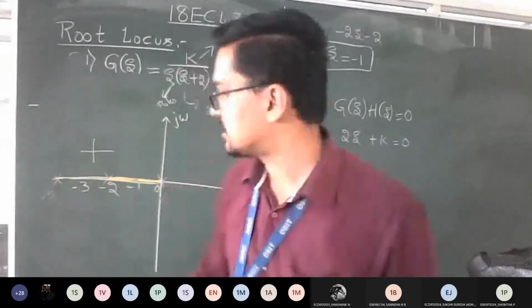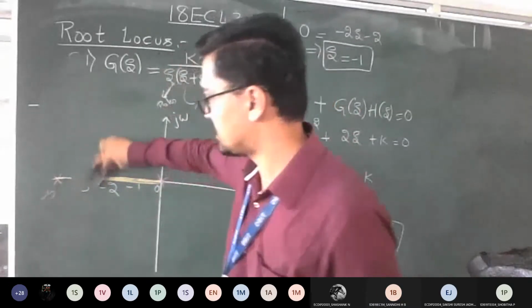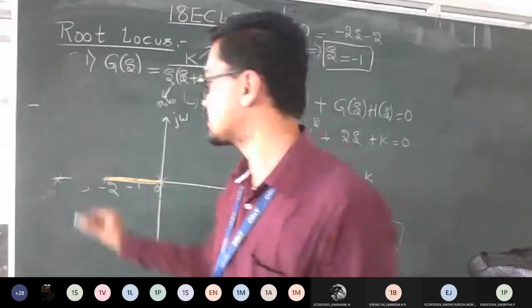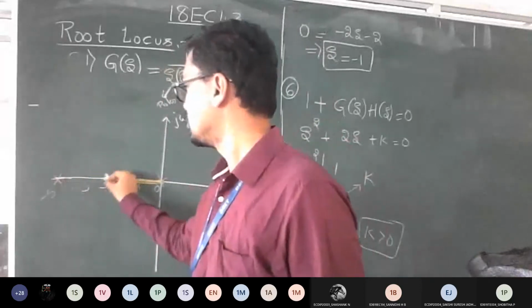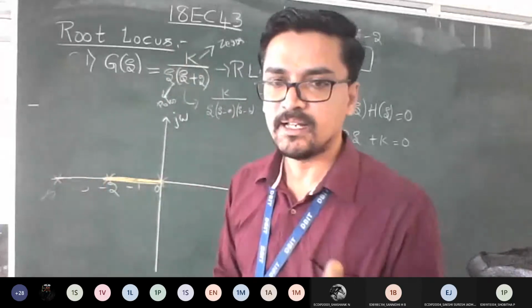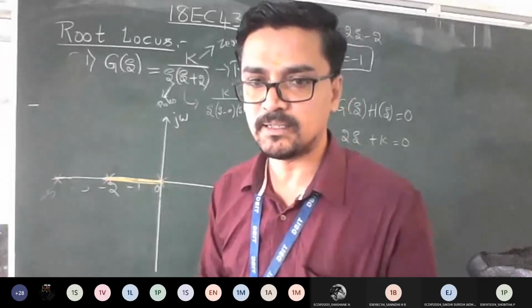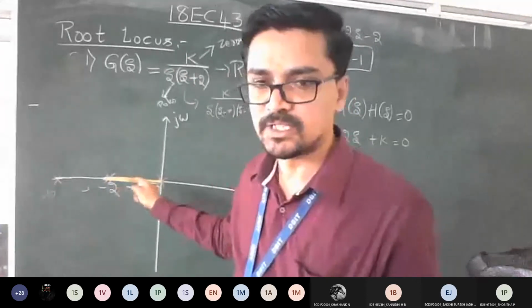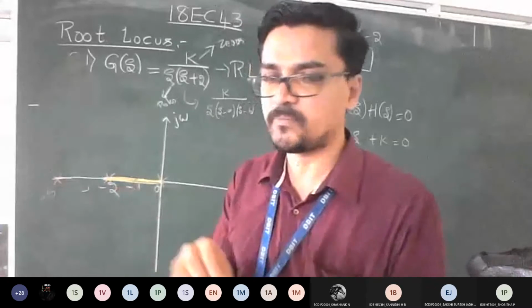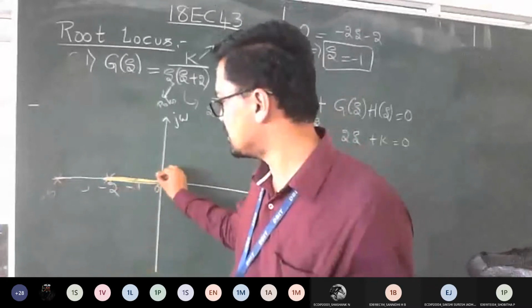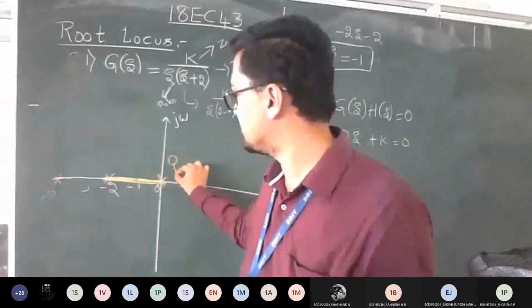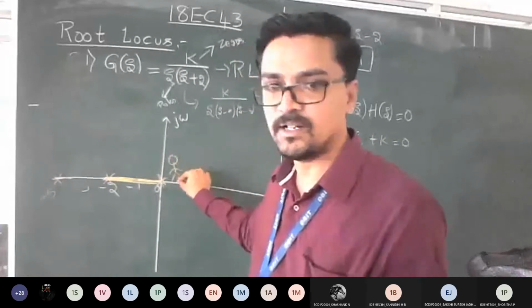Why? Because there is a condition that the existence of your root locus line is applicable only for odd numbers. I'll repeat, odd numbers means what? Look here. Assume that you are standing in this position.